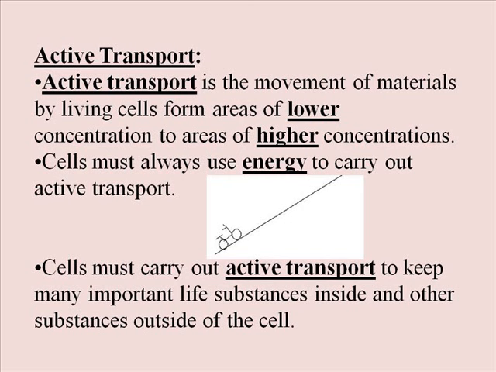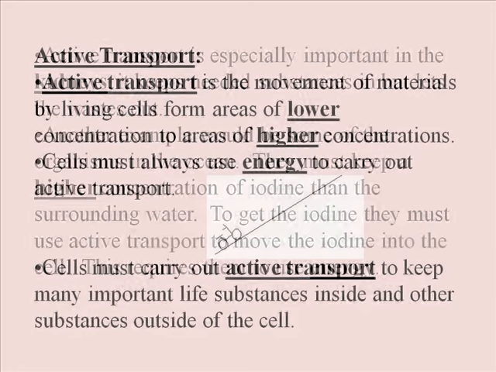To get there, we're going to have to pedal and use energy. So cells have to use active transport and are going to have to utilize energy for this to occur so that they can get the important life substances that they need.